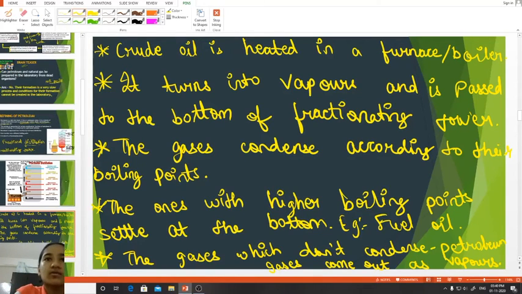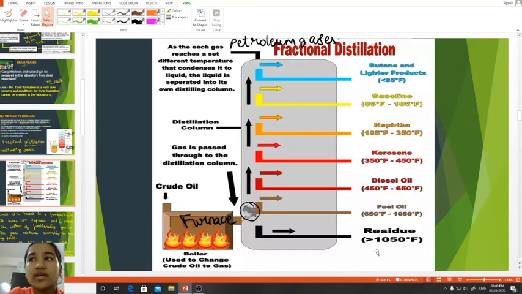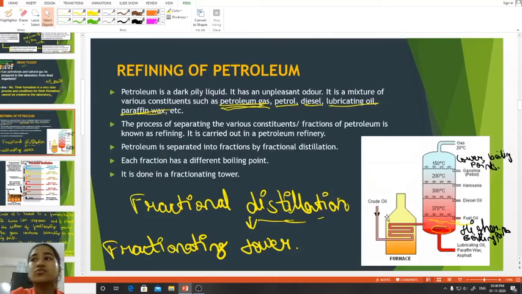Now you might be wondering that in this picture I had shown you 650 degrees Fahrenheit, 1050 degrees Fahrenheit, and so on, but here I have shown 370 degrees Celsius. It varies, right? So you can take anything, the standard thing. You can take 400 degrees Celsius, or even convert into Fahrenheit.